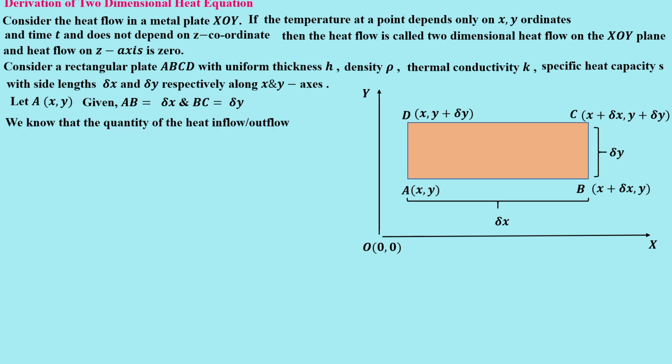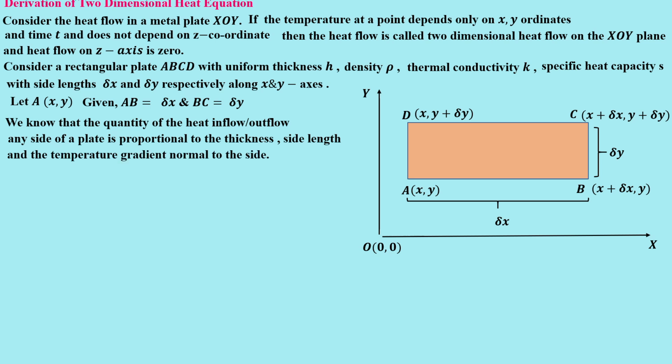We know that the quantity of heat inflow or outflow through any side of the plate is proportional to the thickness, side length, and the temperature gradient normal to the side.